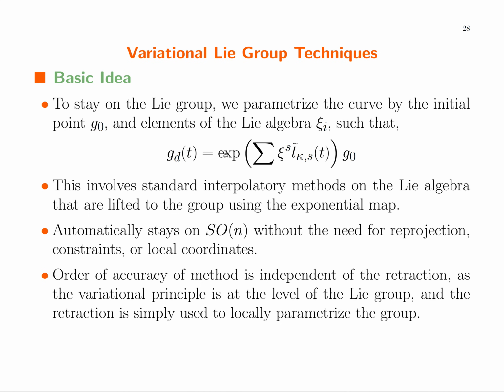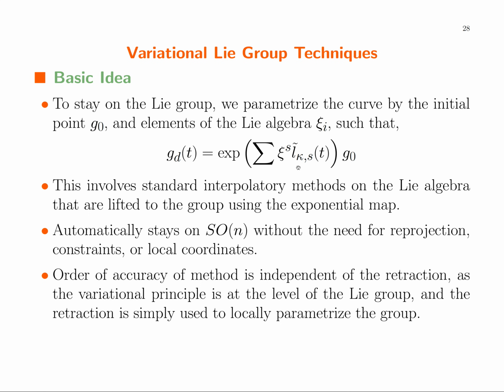All right, so now if you want to have a curve in the Lie group, you can write it as the exponential of some curve in the Lie algebra multiplied by the initial point on the group. Okay, so this gives you a way of lifting interpolants on the Lie algebra to interpolants on the Lie group. And we know how to construct interpolants on the Lie algebra because it's a vector space. And so you can lift this using some sort of exponential map.